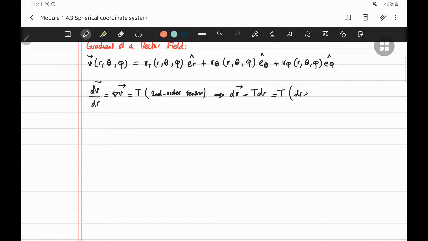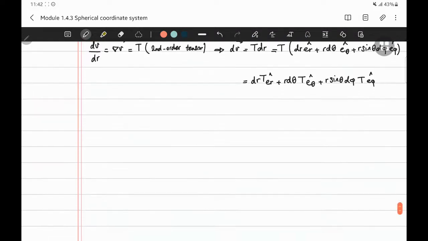So I have dr e r plus r d theta e theta plus r sine theta d phi e phi. So I have dr T e r plus r d theta T e theta plus r sine theta d phi T e phi.